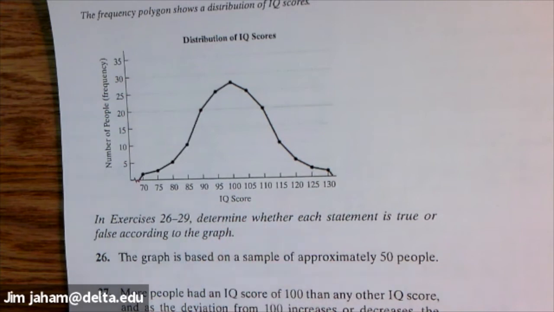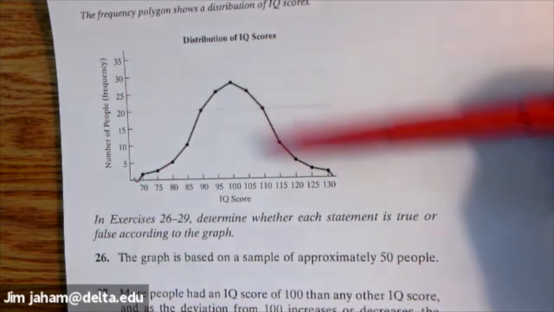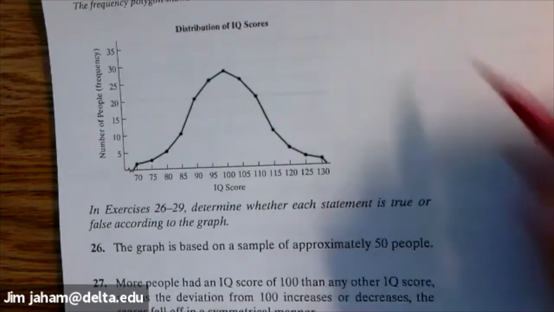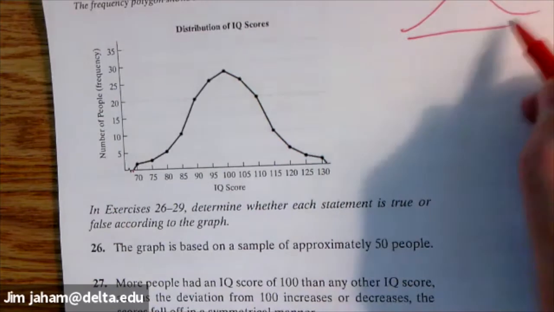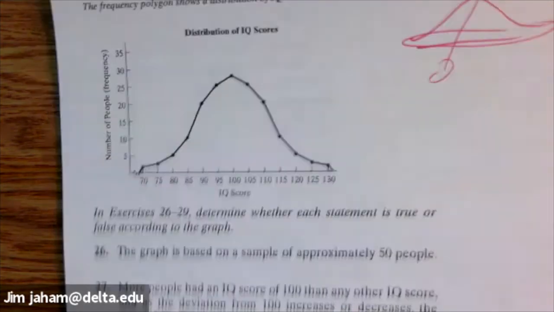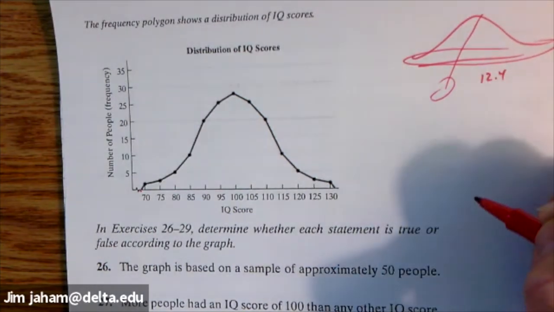And you measure just about anything about the human population, just about anything, you're going to see this graph that looks like this. And it's called a bell-shaped curve because it kind of looks like a bell, the top of it anyway. And this will be the topic of section 12.4.